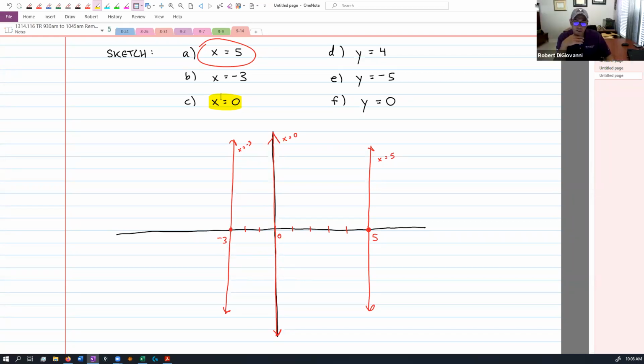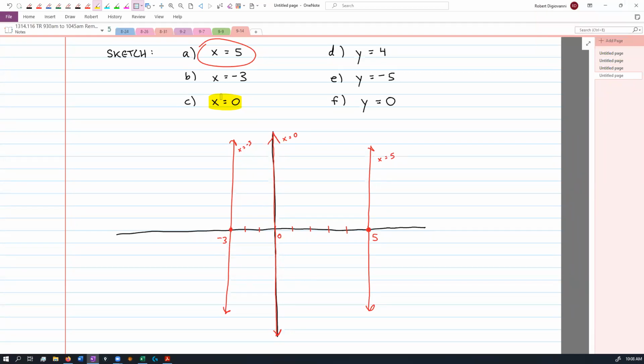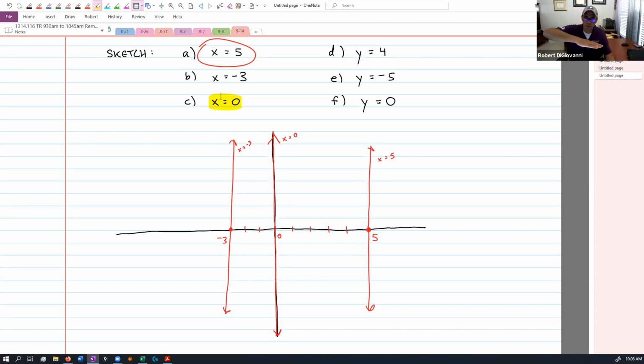Well, F is a little different, because for C we have a vertical line, but for F it's horizontal. I don't know if that's what you meant. It's going to be this way, but it'll go through the same point. Yes, it'll go through here, but it'll be horizontal like this.